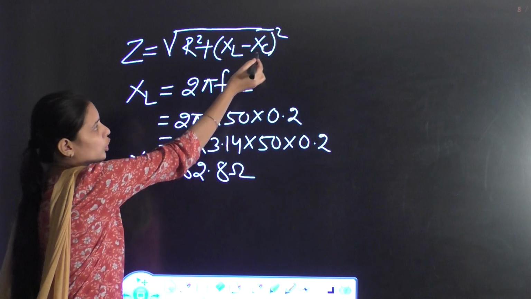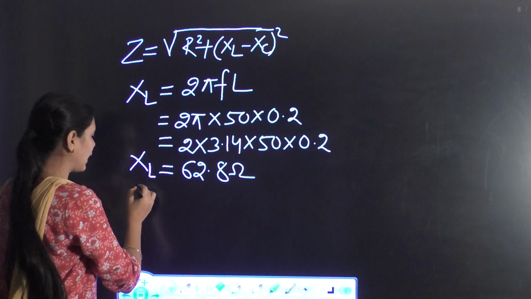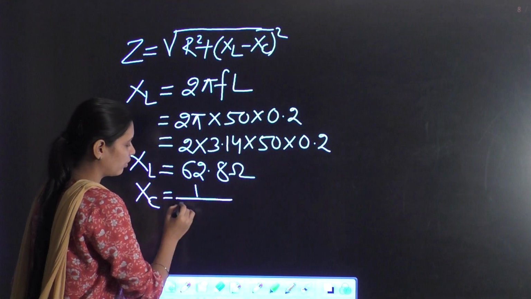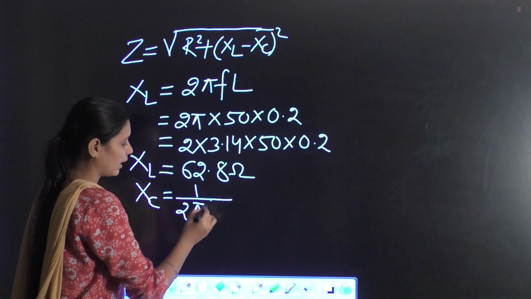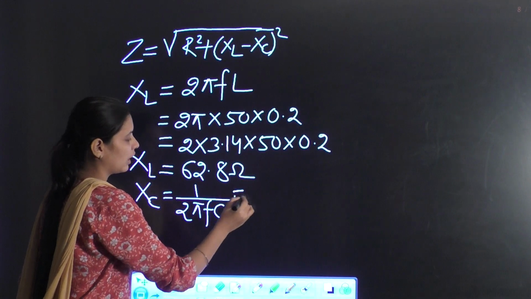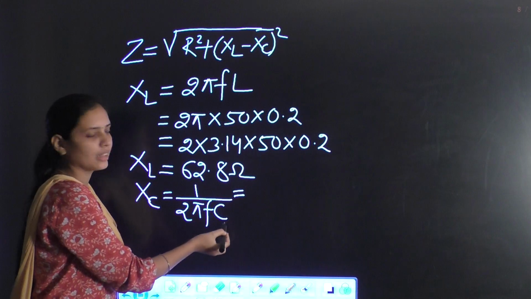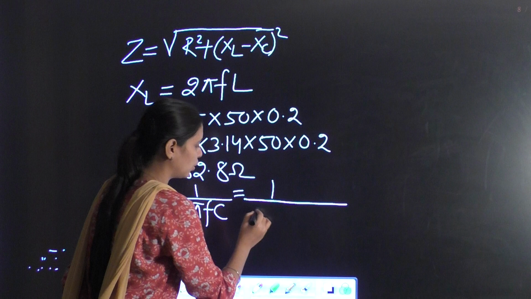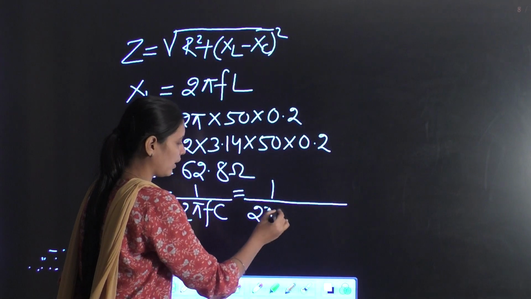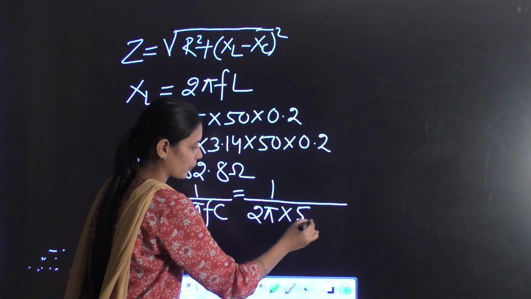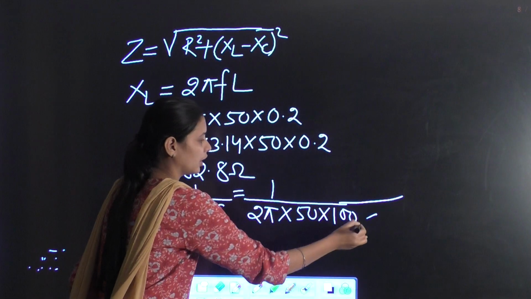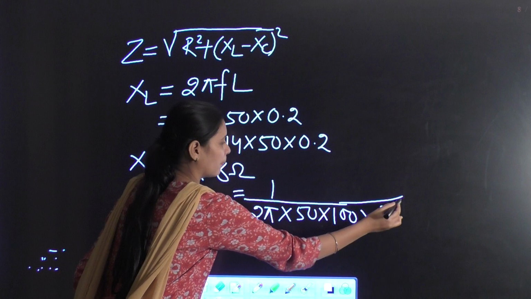Now I also don't know the value of XC, so I will calculate XC, which is given by the formula 1 by 2 pi F into C. I know the frequency and the capacitance, so I substitute 1 by 2 pi into 50 into 100 into 10 to the power minus 6.